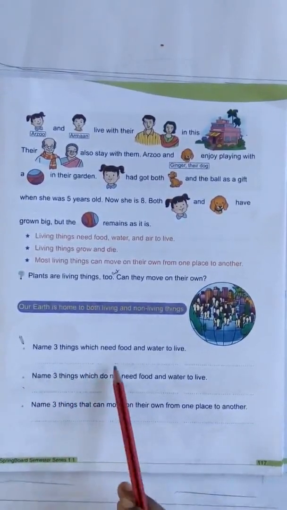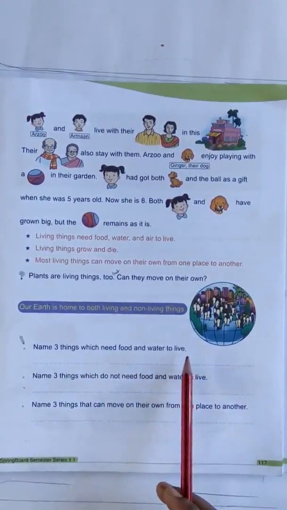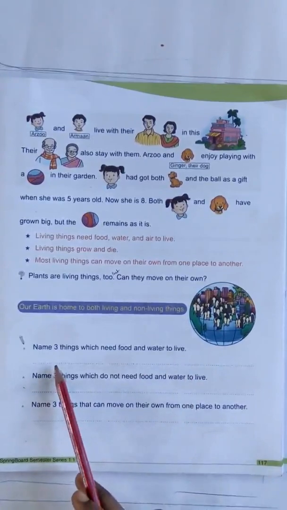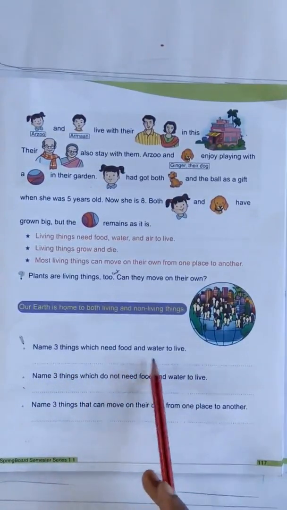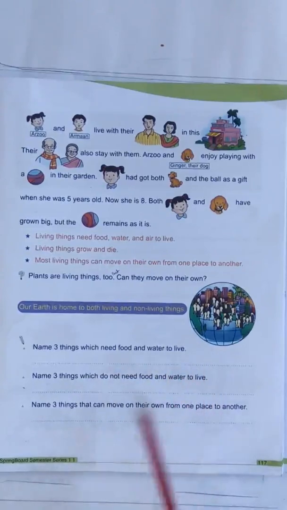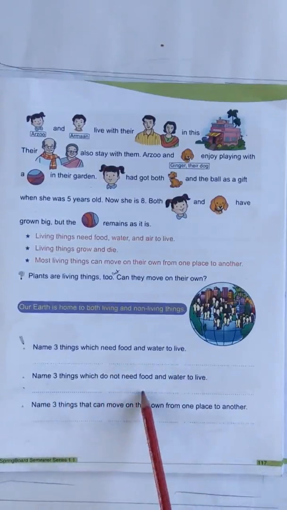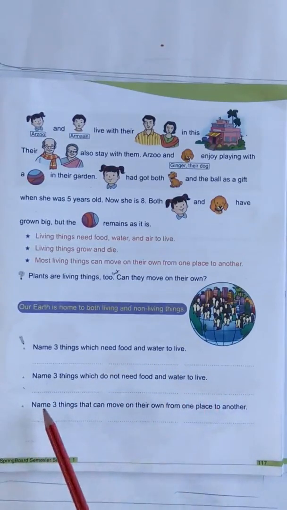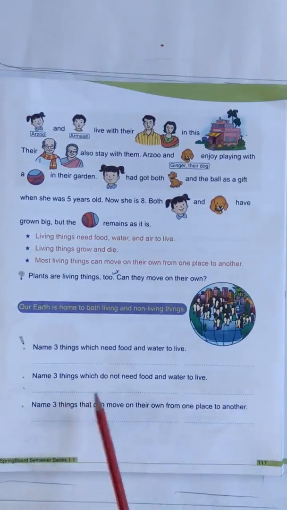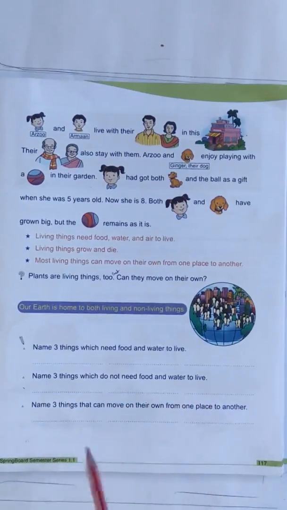Name 3 things which need food and water to live. Next, name 3 things which do not need food and water to live.